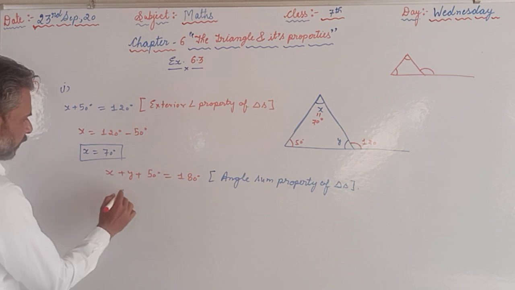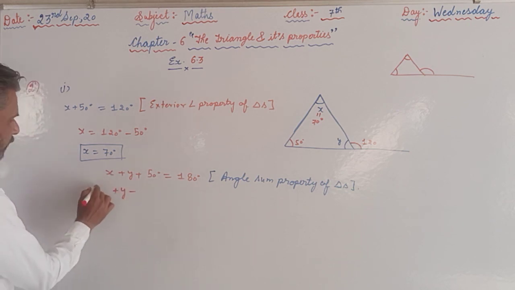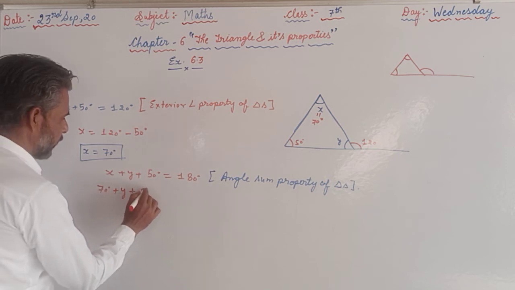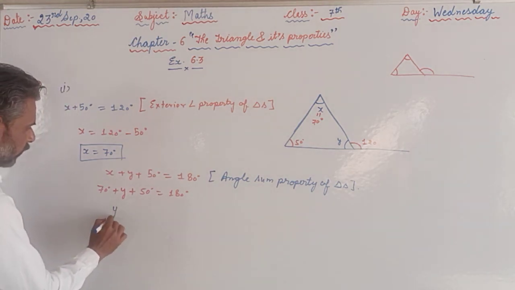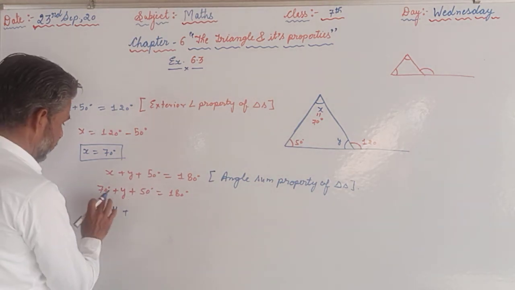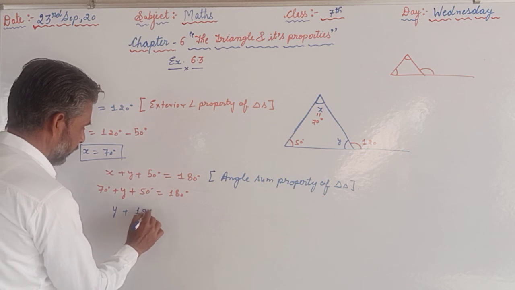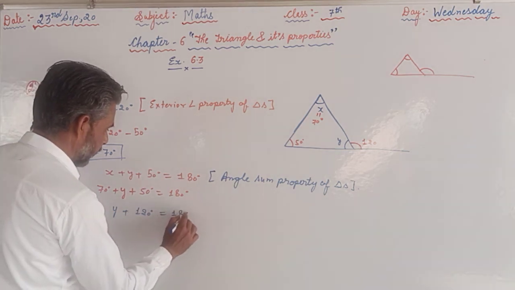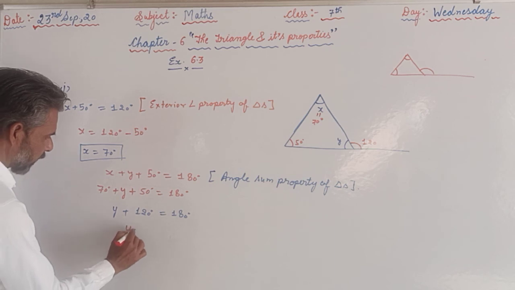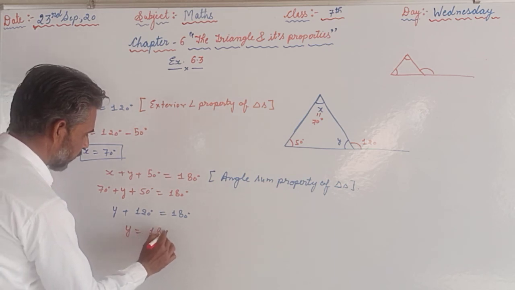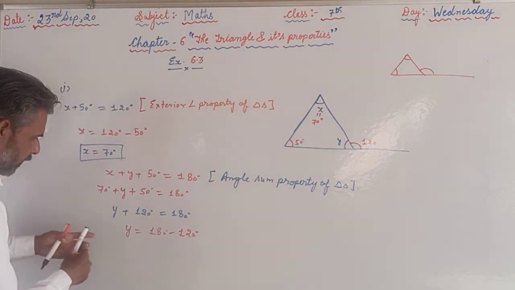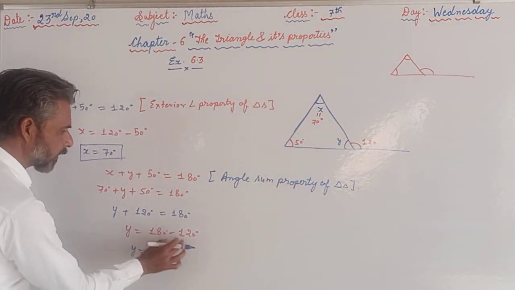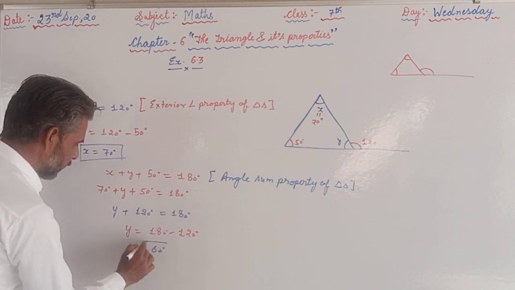So from here we can write y plus what is the value of x, that is 70 degrees, plus 50 degrees is equal to 180 degrees. y we don't know, 50 plus 70, that is 120 degrees, is equal to 180 degrees. Again we have to find the value of y. For that we have to transfer 120 degrees from the left hand side to the right hand side with the changed sign. So from here we get y is equal to 180 minus 120, that is 60 degrees.